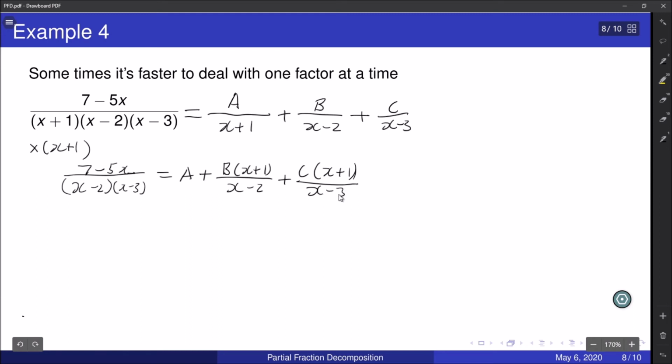So here, obviously, we set x equals -1 to eliminate everything. So we end up with 7 minus -5, so it's 12, over -1 minus 2 times -1 minus 3, which is -3 times -4, equals a, because both of these terms have been eliminated.